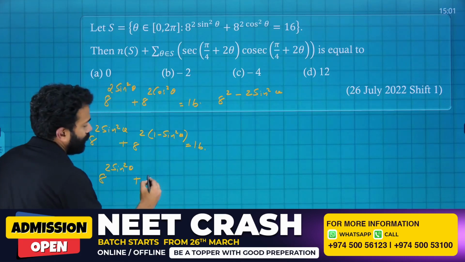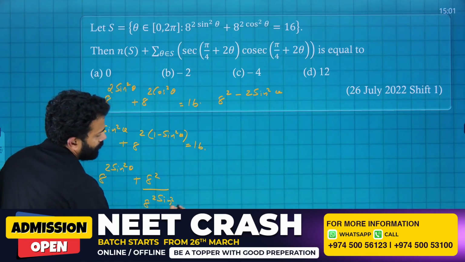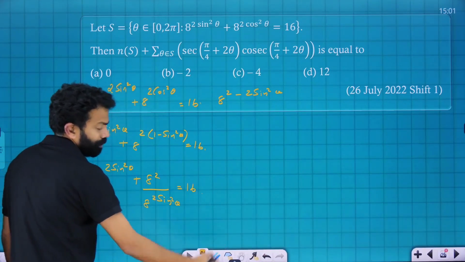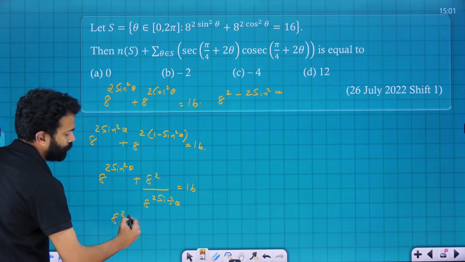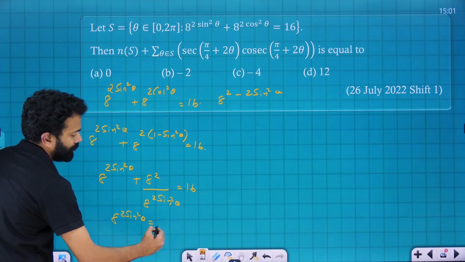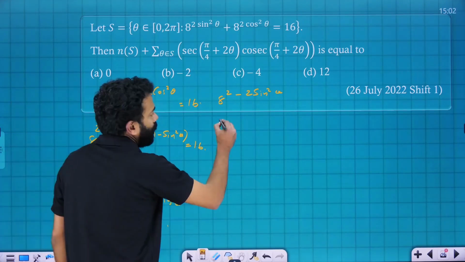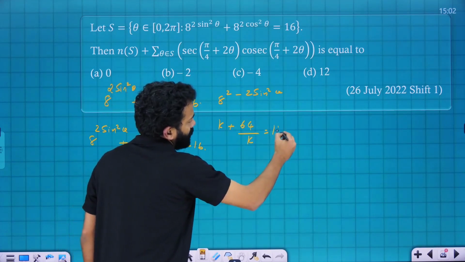That can be written as 8 square by 8 raised to 2 sine square theta, equal to 16. Now like before, we can substitute 8 raised to 2 sine square theta equal to k, and after substitution it will be k plus 64 by k is equal to 16.